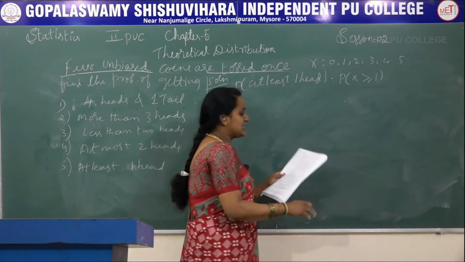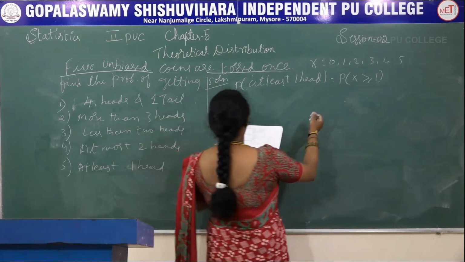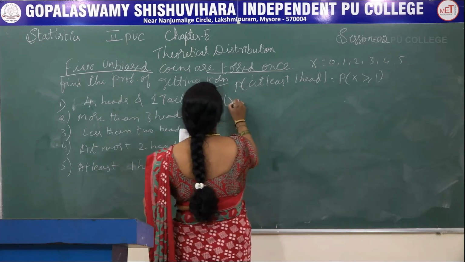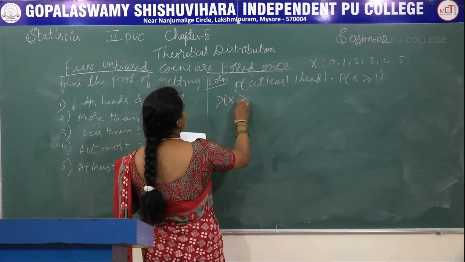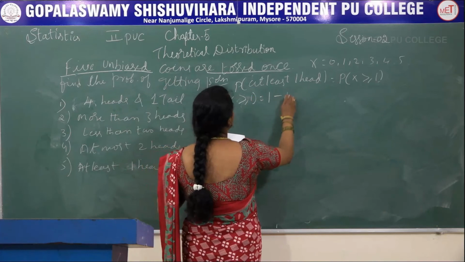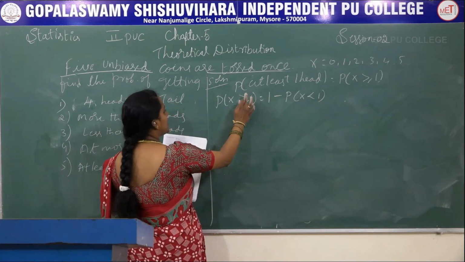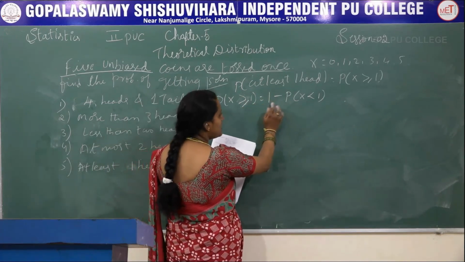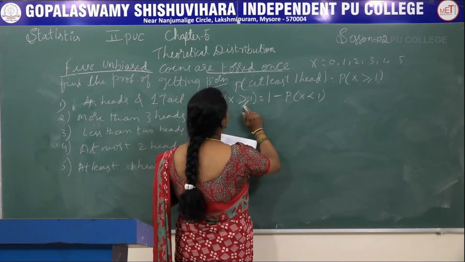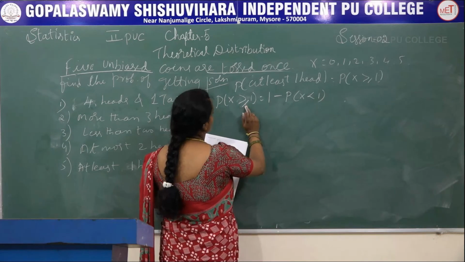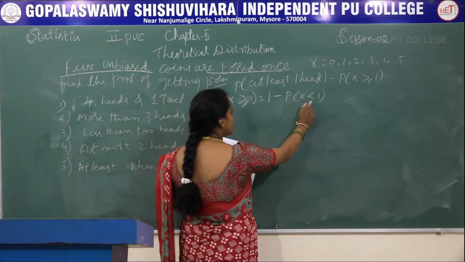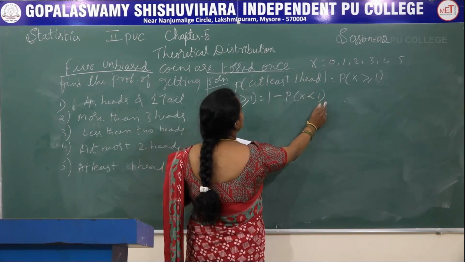Instead of that, I will take the complement: P of x greater than or equal to 1 is 1 minus P of x less than 1. Here equality is there, but in the complement we will not take the equality, just less than 1.